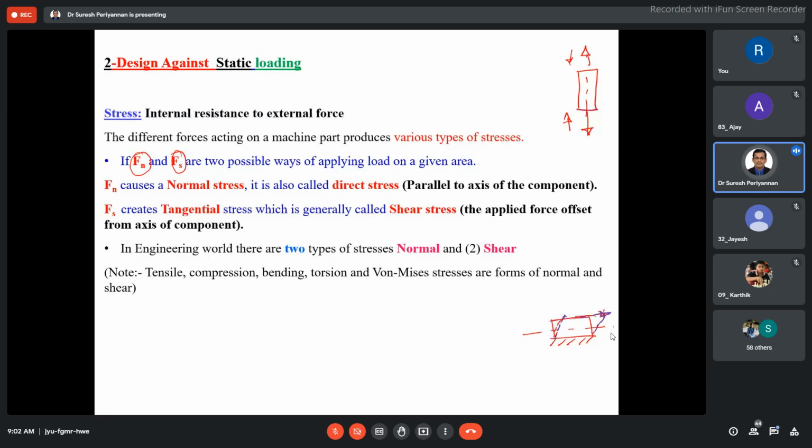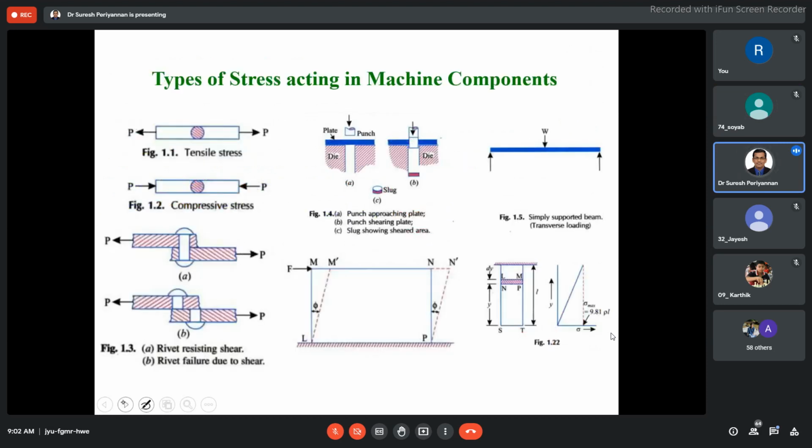I would like to know, have you studied biaxial load and triaxial load in strength of materials, or only biaxial load? Okay, anyway, we have to touch the basics, and I am sure it will help you.